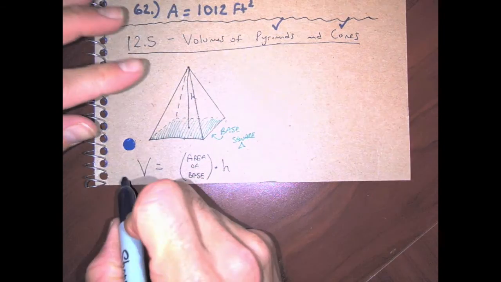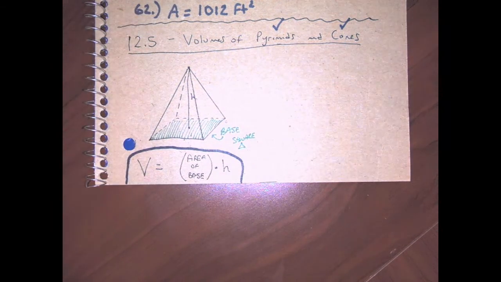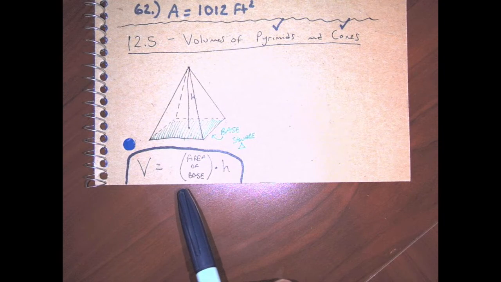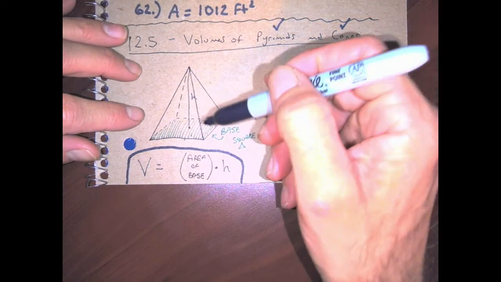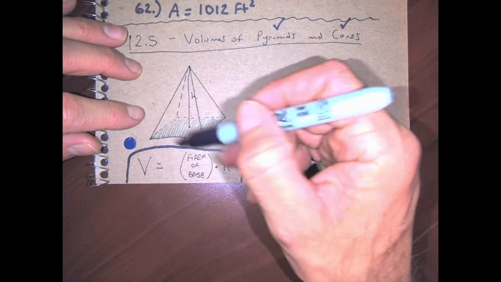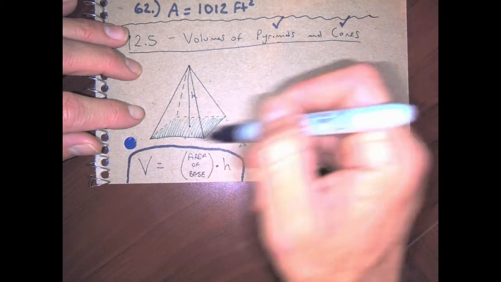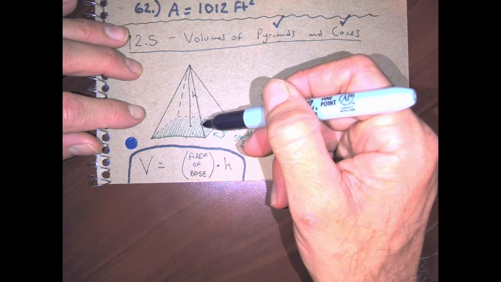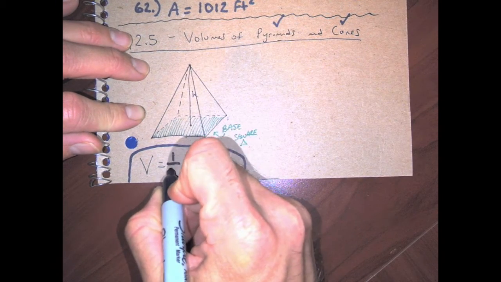Now, it's not complete yet. That is not the volume of a pyramid. Area of a base times the height is the volume of a prism, which is what I taught on Monday. There's something different to this. The cool thing is, if you were to take this square base pyramid and completely fill it up with water, it would be a third.